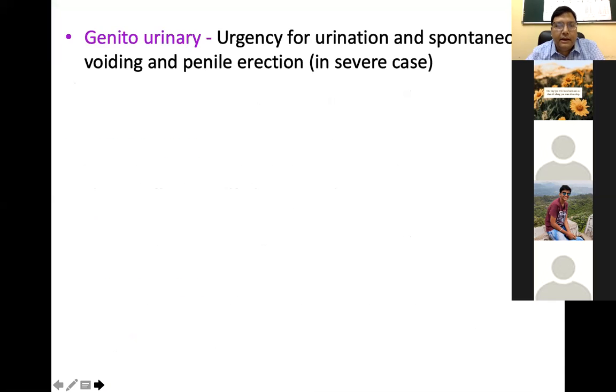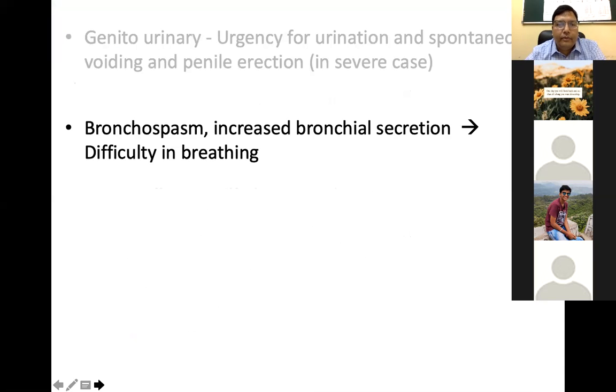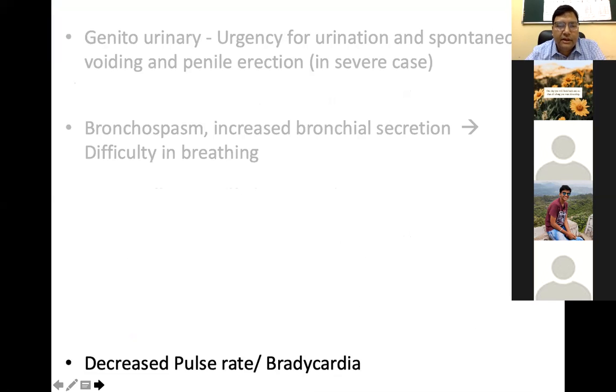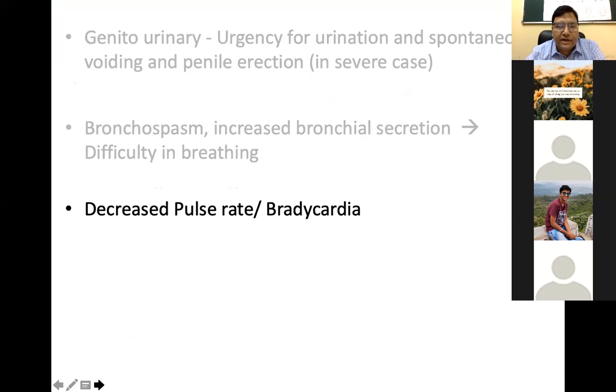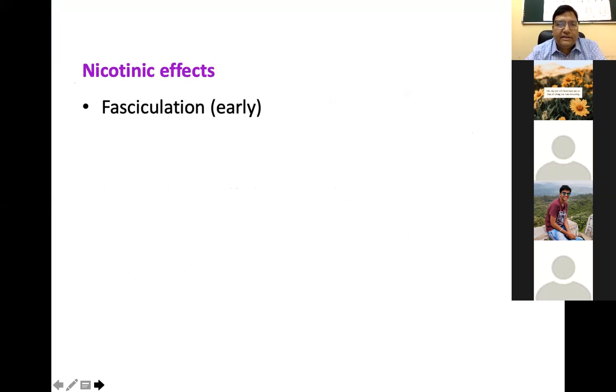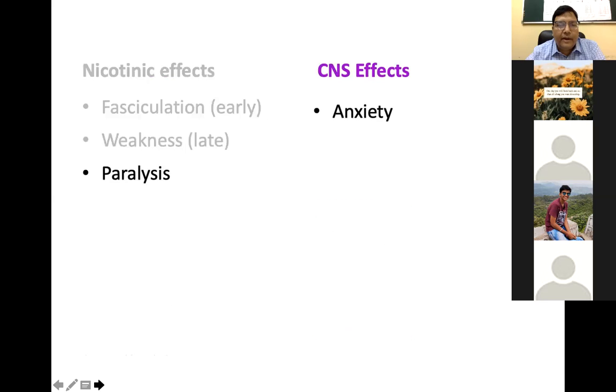In the genitourinary system, we will find urgency of urination and spontaneous micturition, and penile erection when there is severe poisoning. Difficulty in breathing is seen because of bronchospasm and increased secretion from the bronchial tissues, and then there is decreased pulse rate or bradycardia, hypotension, collapse, etc. The nicotinic effects: early there will be fasciculation, and late there will be weakness followed by paralysis.